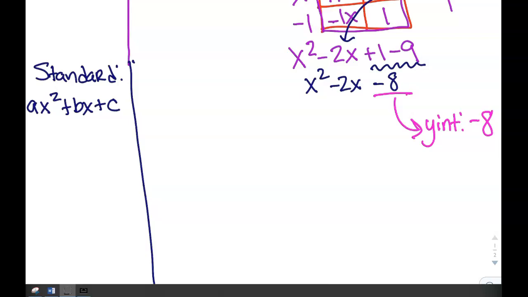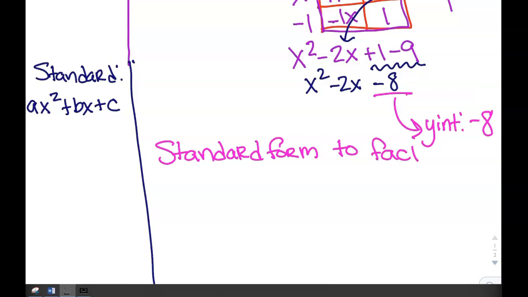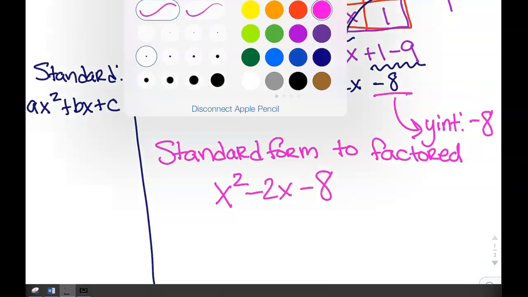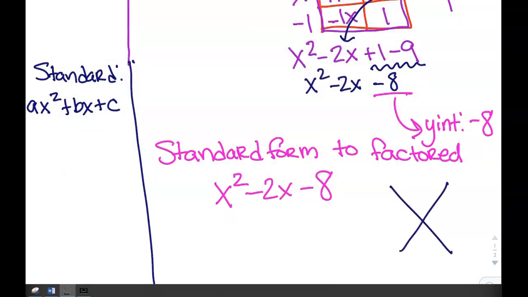Then you should know how to get from standard form to factored form. Okay. In order to do that, I'm going to start with my standard form. And then I'm going to make an X and a box.